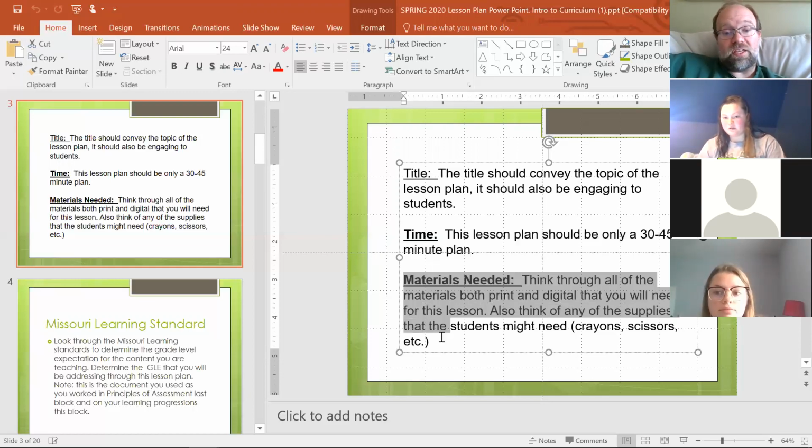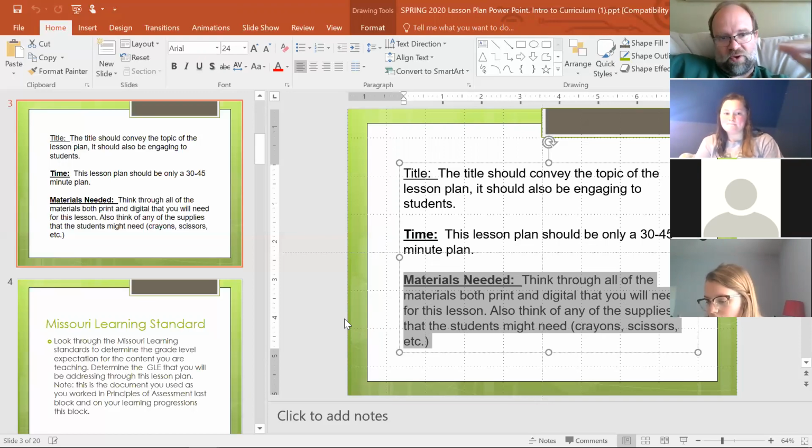On this particular slide, the one that I would absolutely suggest that you do is the materials needed. The reason for that is that your future self will thank your past self if you do this, because that way you don't have to continuously look through every element of the lesson plan to figure out what you need every year. You can just look back and say, oh, when I did this, I needed chart paper and markers, and we need a timer.